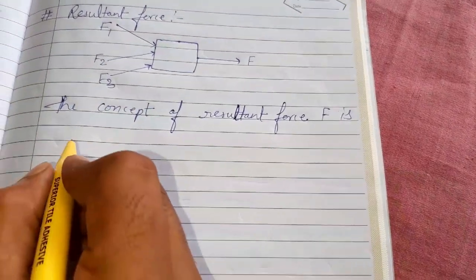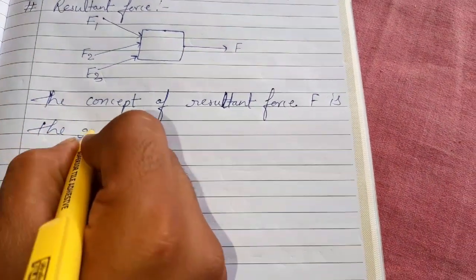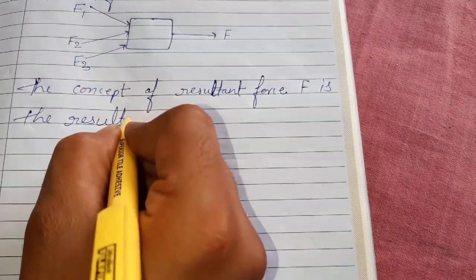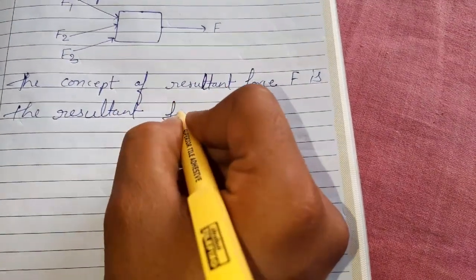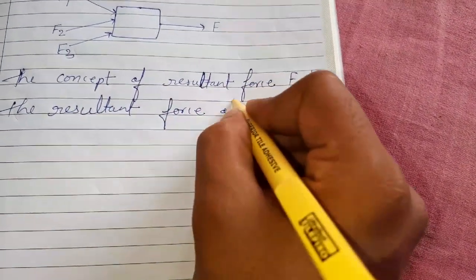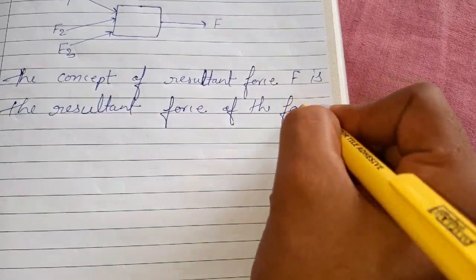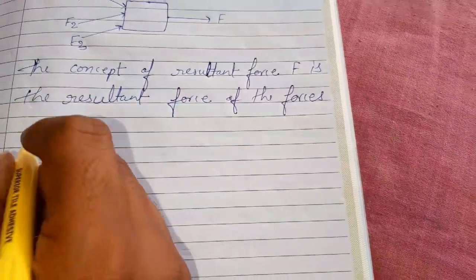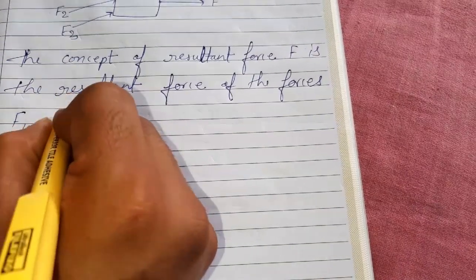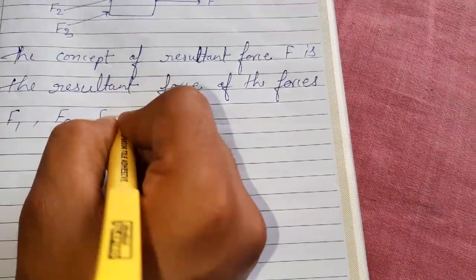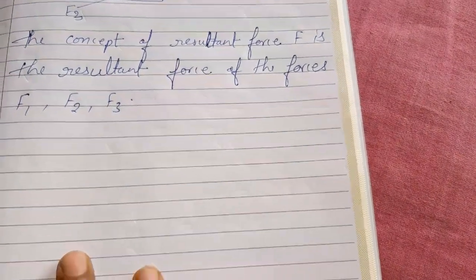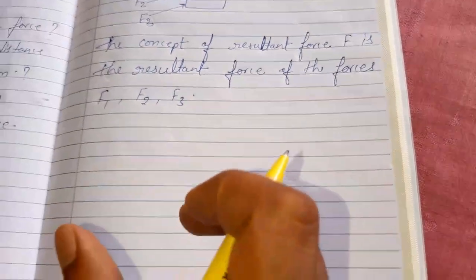F is the resultant force of the forces F1, F2, F3. Understand? So what is the correct definition of resultant force?